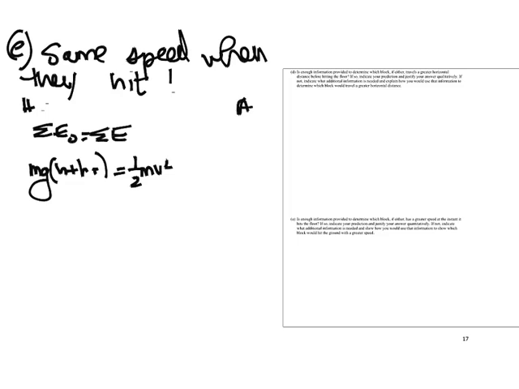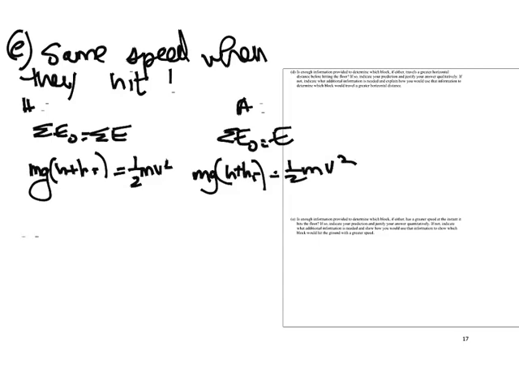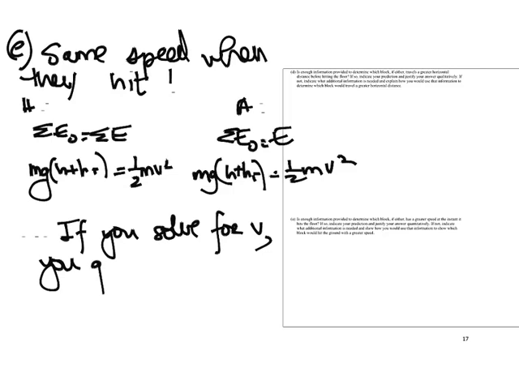And the same thing can be said for block A: mg h plus ht is equal to 1/2 mv squared. If you solve for v, you get the same number both times.